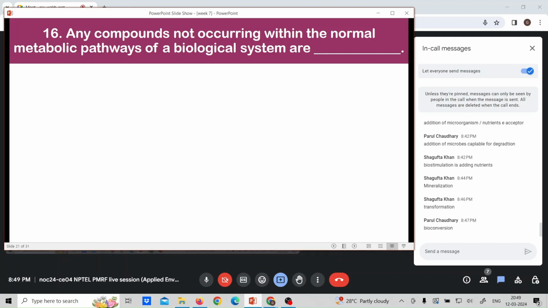This is also a term that was extensively discussed in the lecture. Any compound not occurring within the normal metabolic pathway of a biological system. Okay, let me give you a clue then.